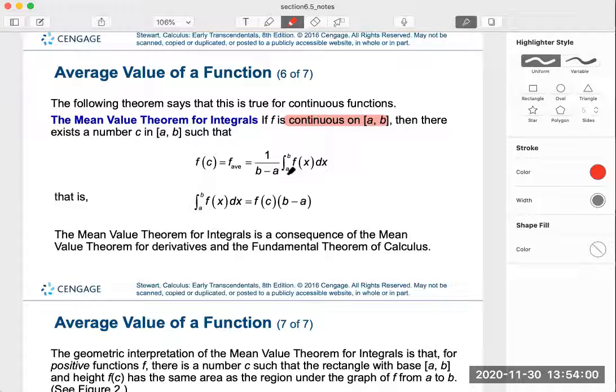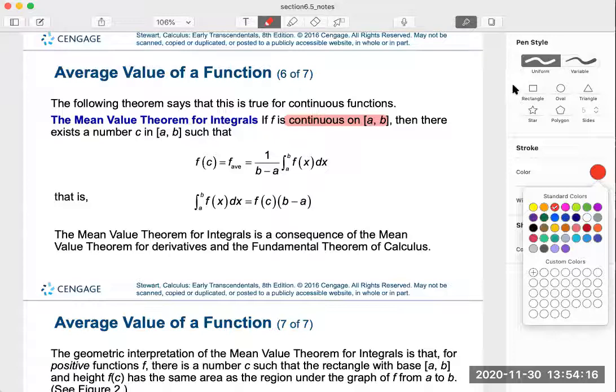So if we want to get rid of the number 1/(b minus a) in the right-hand side, what should we do? Multiply both sides by b minus a. Thank you. Is it Daniel?